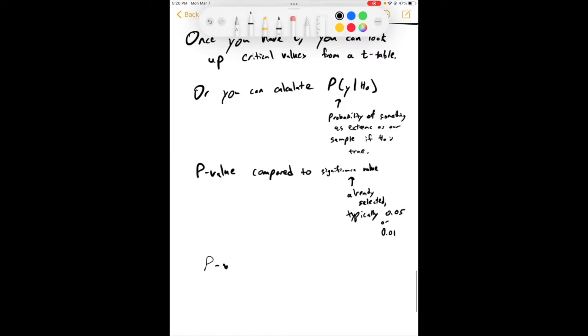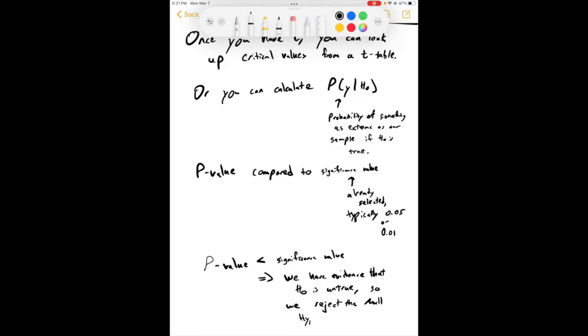And if your p-value is less than your significance value, then you can say that we have evidence that h naught is untrue. So we reject the null hypothesis in favor of the alternative hypothesis.